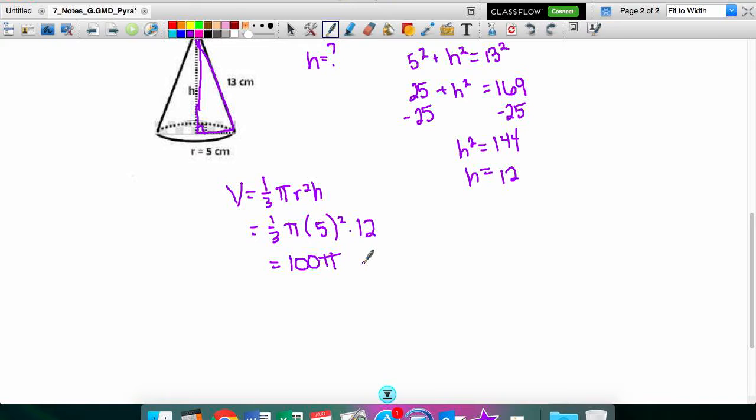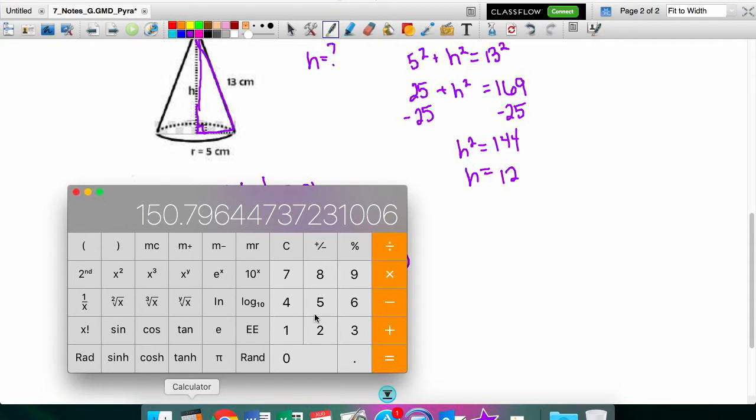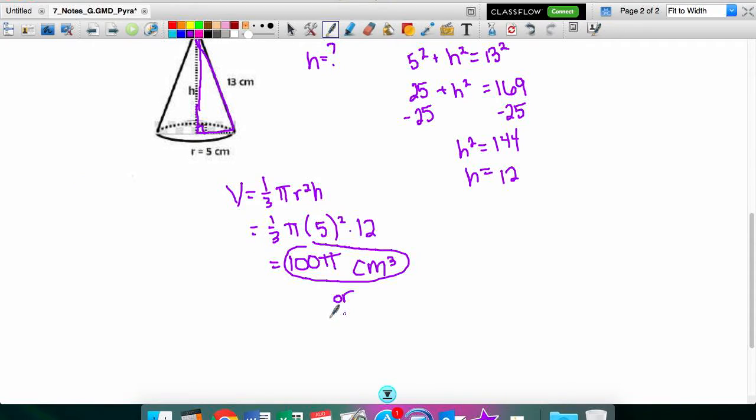And yes, centimeters cubed. Or as a decimal, we have 314.16 if you round. Centimeters cubed. And there's our final answer.